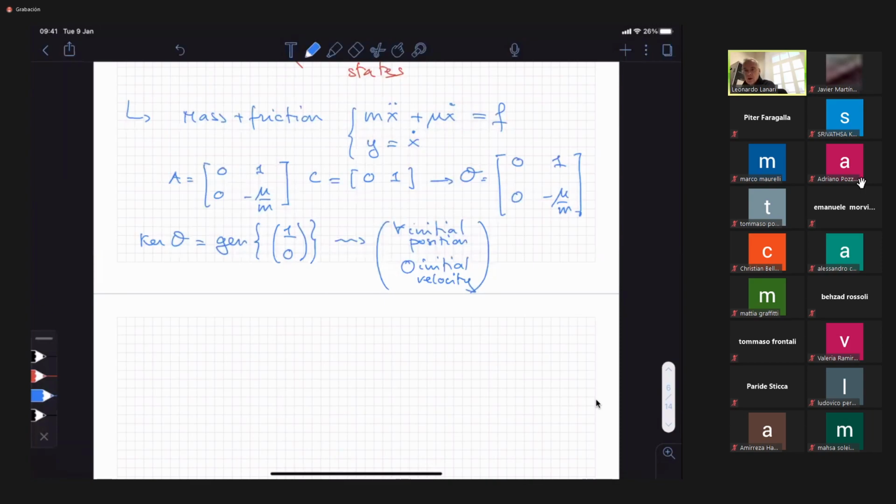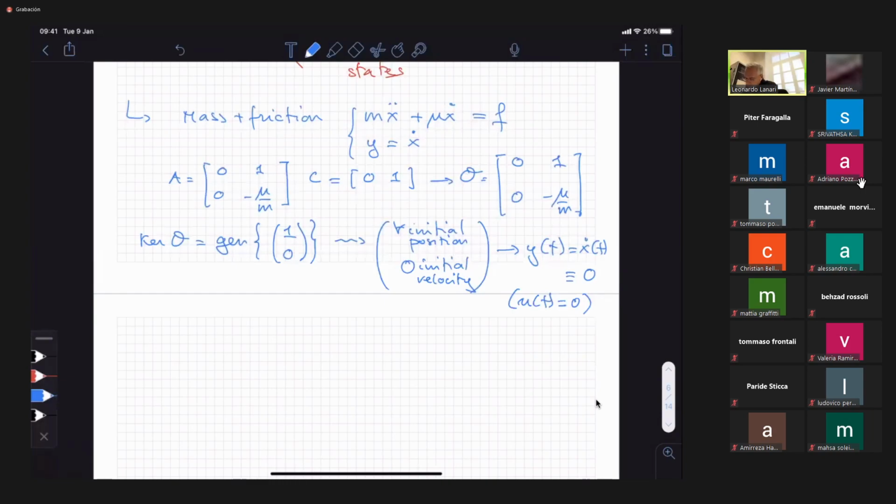Well, if I initialize my state in any initial position, 0 initial velocity, clearly the output, which is the velocity, is identically equal to 0 when there is no input. That's, I hope, even more than obvious.